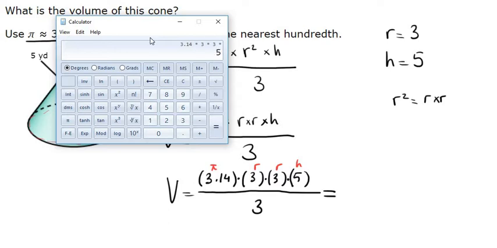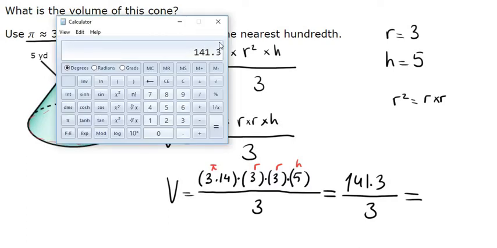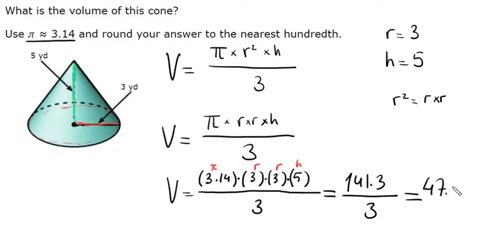It's going to give us the numerator, 141.3. 141.3 divided by 3 is going to be 47.1. So 47.1 cubic yards is the answer. This is the volume of this cone.